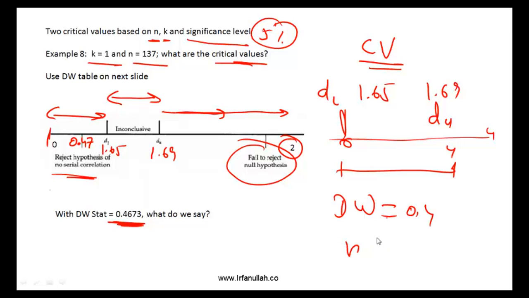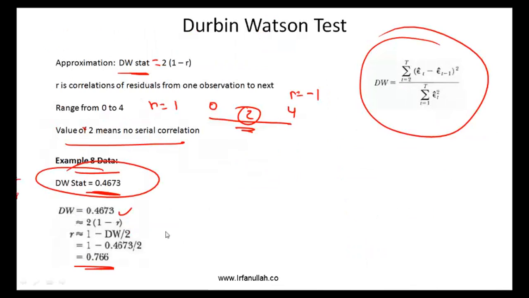A low DW number means that r is high. How do I know that? I just showed you. If r is 1, r is high, then that means a low DW number. And if r is negative 1, then you have a high DW number.